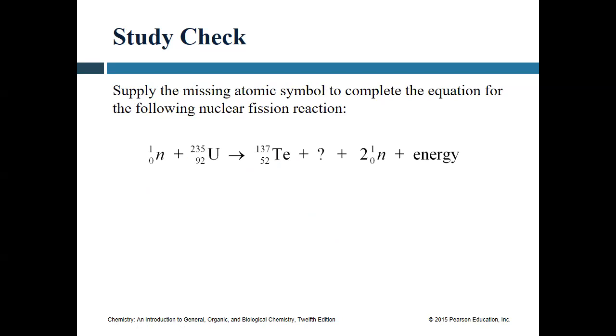Okay, can we bring together the stuff that we talked about on Tuesday with this new information about fission and fusion? So if I have this nuclear reaction taking place, what would I expect my mystery particle to be?